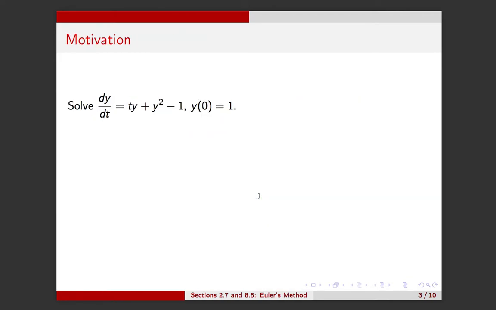So here's the motivation for these two sections. Suppose I handed you this differential equation, this initial value problem, and asked you to solve it. What would you do? You should probably shrug and say, I don't know, man. Because if you think about it, we don't have the tools to solve this initial value problem.